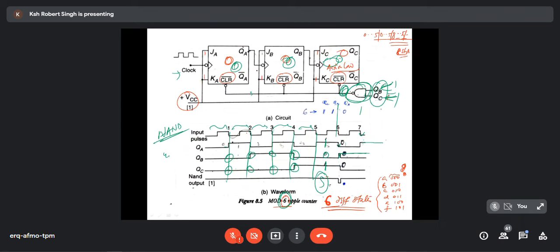When it becomes high here, then only it goes like this. This pulse will trigger this one, so this will become high. This is QB, and this is a positive edge. So it will remain. This is a positive edge, so it will not trigger.